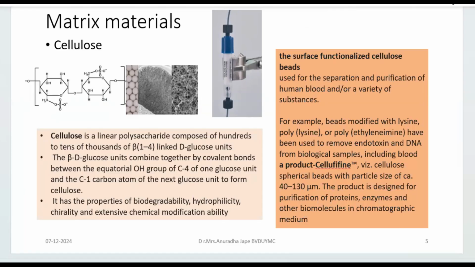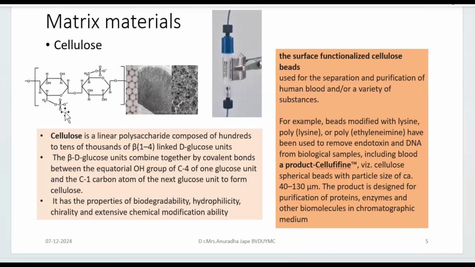As you are seeing the structure of the sugar molecule, that is beta D glucose, this is carbon first and this is the carbon fourth of another ring of glucose. So it is beta 1,4 linkage between two glucose units, and polymerization is going to give us the cellulose units.